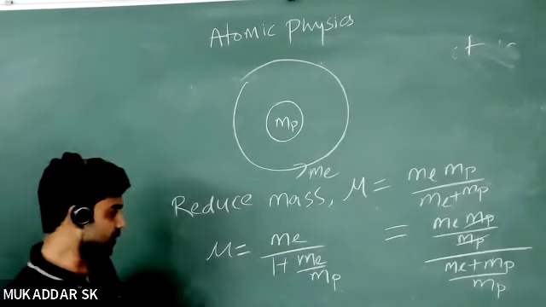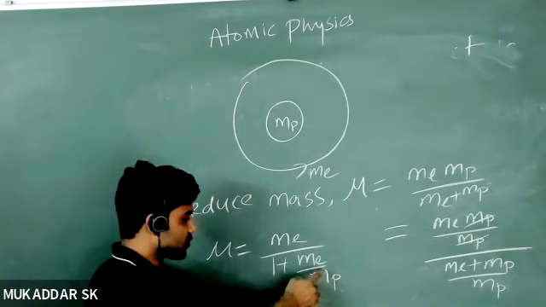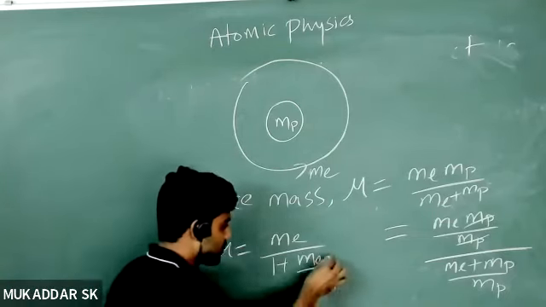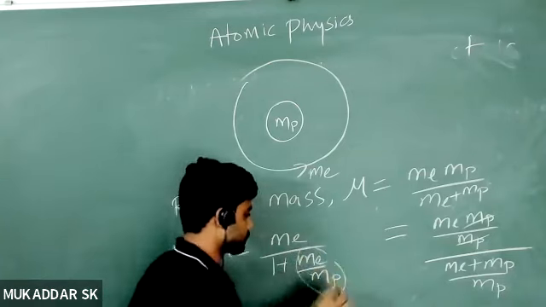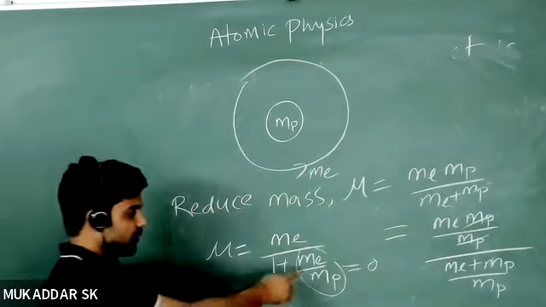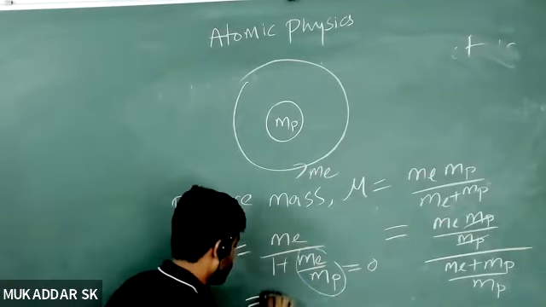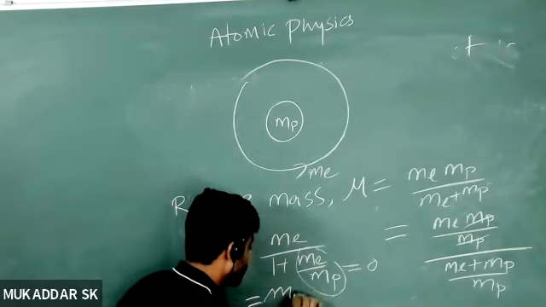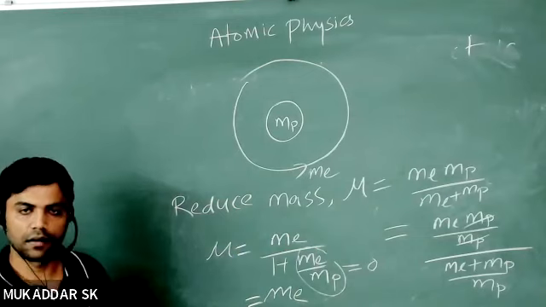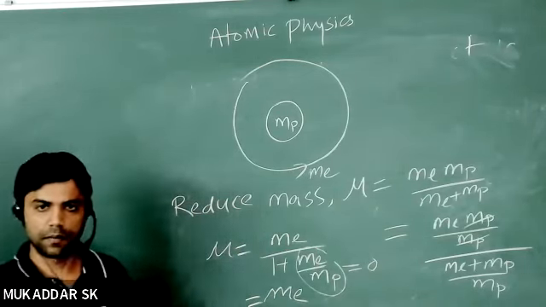What Bohr did was consider the nuclear mass to be infinity. Something divided by infinity is 0, so he considered this ratio to be 0. So the reduced mass comes out to the mass of the electron, and he calculated all the radius, speed and energy with that.